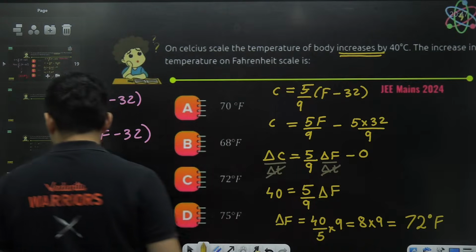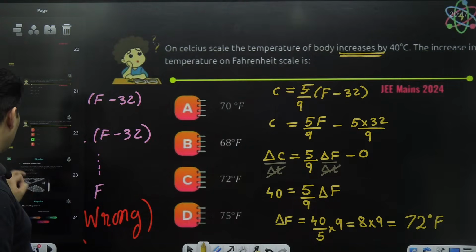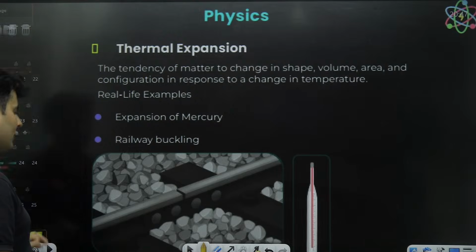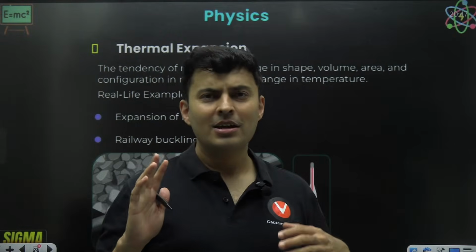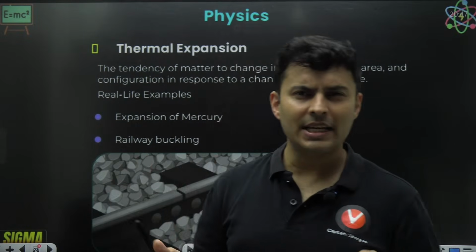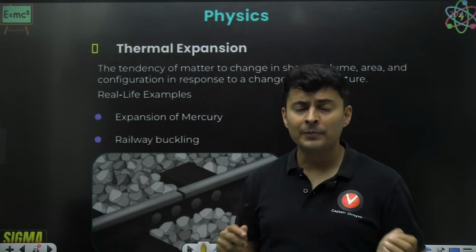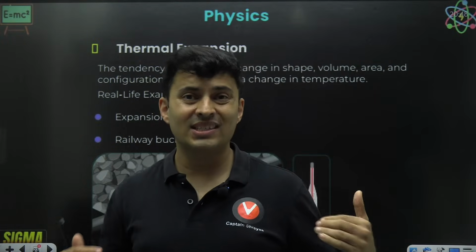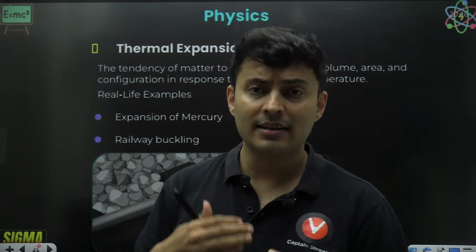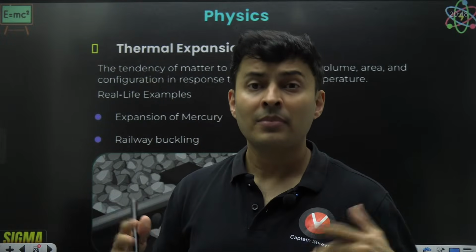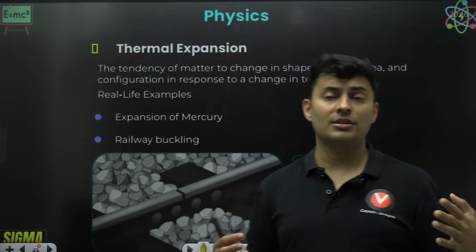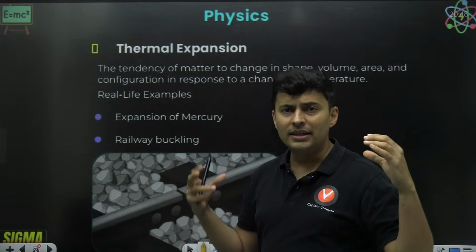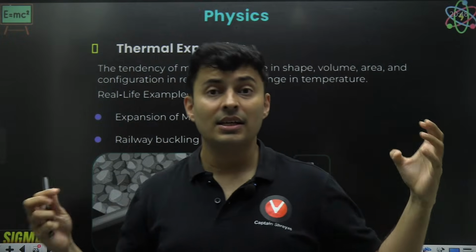Okay, so let's go ahead to the next concept of thermal expansion. Now that we understand the different temperature scales, how to do the conversion and what heat is, let's talk about what exactly happens when you supply some heat and as a result temperature changes. Because the temperature changes, the solid, liquid or even the gases change their sizes.